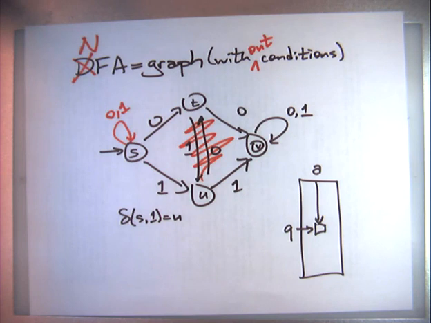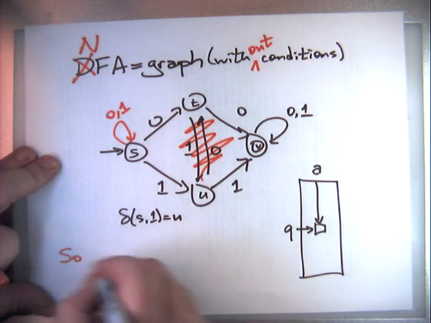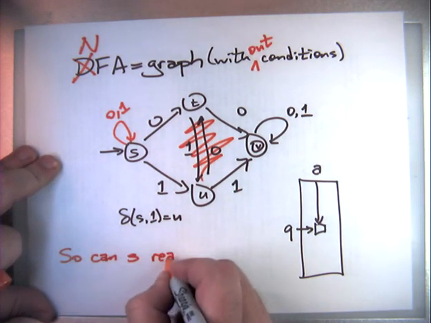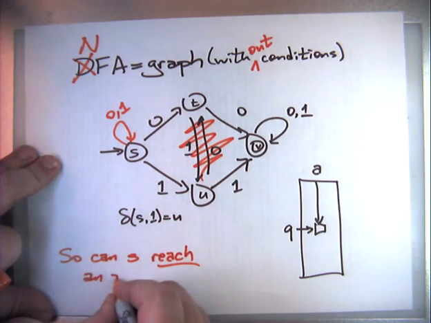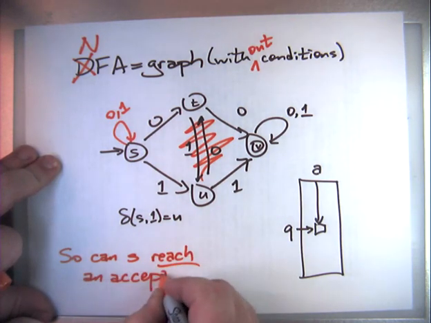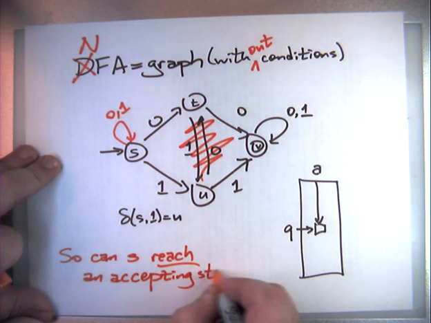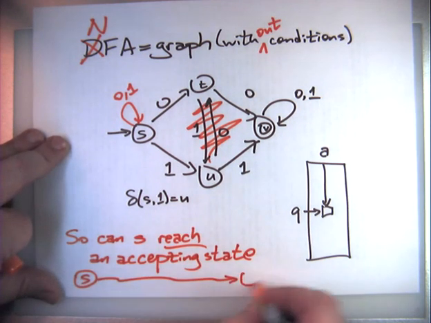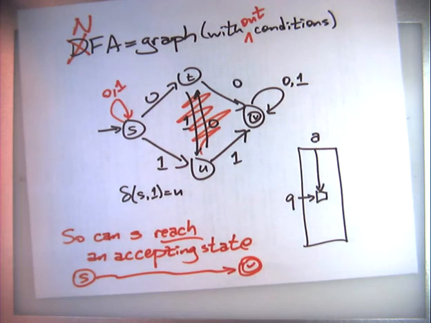In the case where the graph is directed, the word we use is reach. So can S reach an accepting state, where reach means that there's a directed path from S to V.